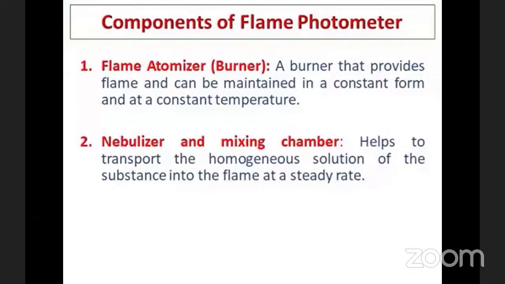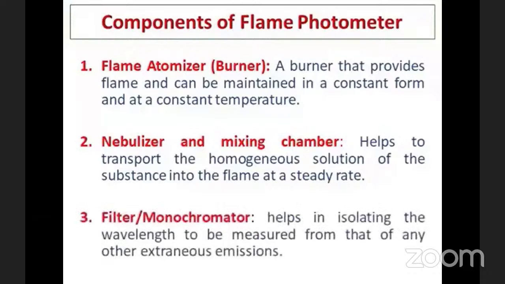This process of converting the sample into fine droplets is called the nebulization process. The atomization device used in flame photometry consists of a nebulizer. The nebulizer converts the sample solution into a fine spray or aerosol, which is then introduced into the flame.